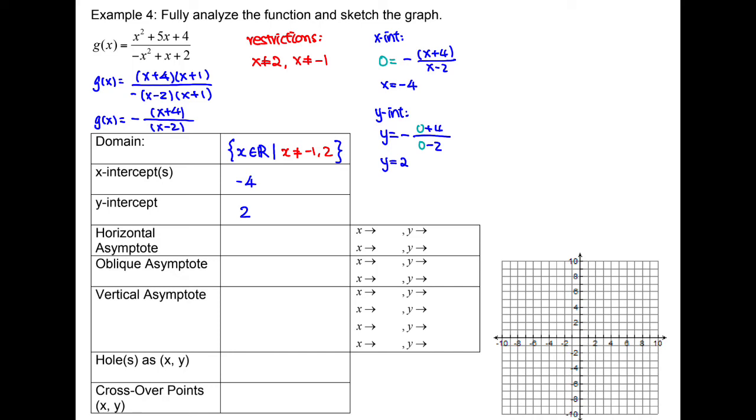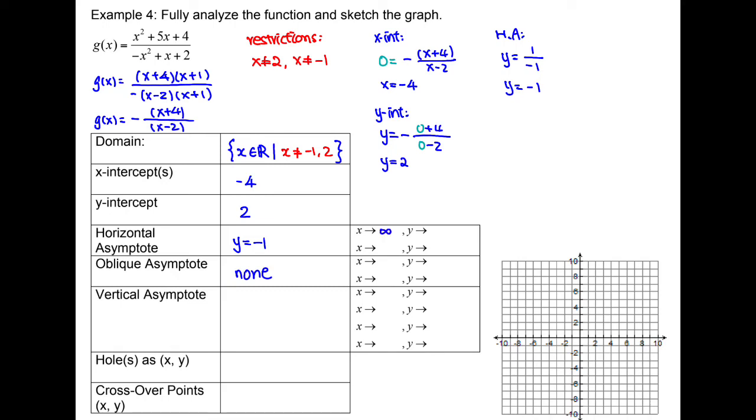But how do we find the horizontal asymptote? We divide the coefficient of the leading term in the numerator by the coefficient of the leading term of the denominator, which means y equals 1 divided by -1, which is y equals -1. Therefore, the horizontal asymptote will be at y equals -1, oblique asymptote, none.